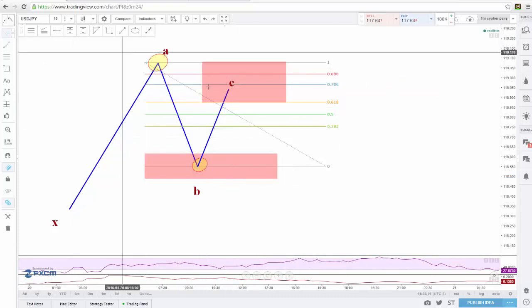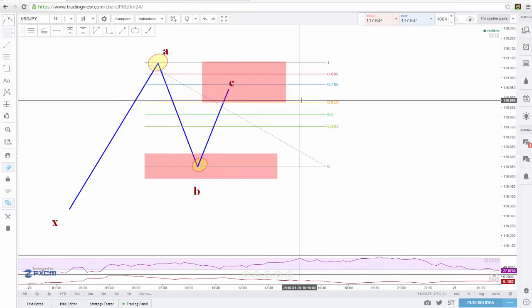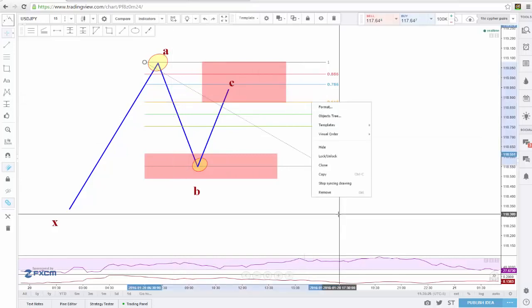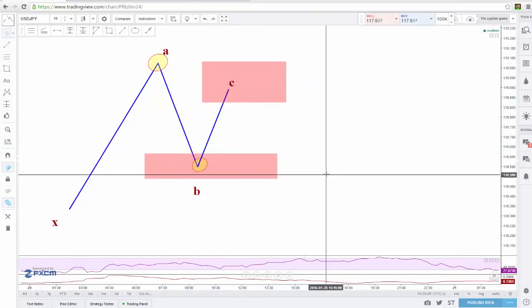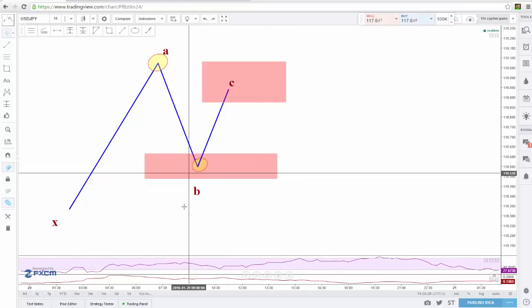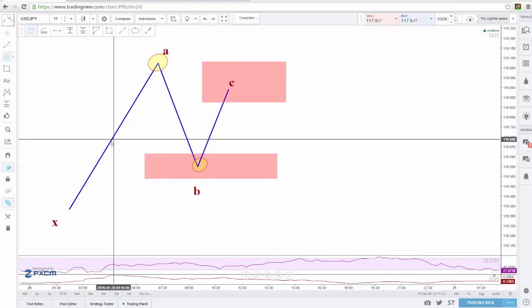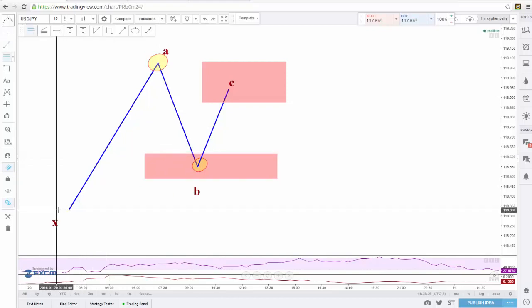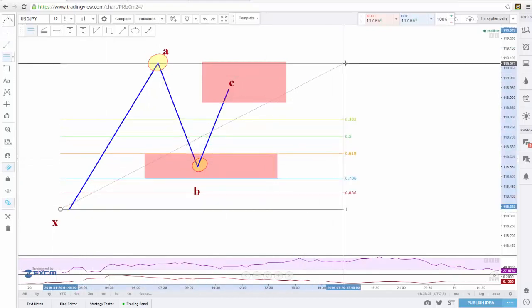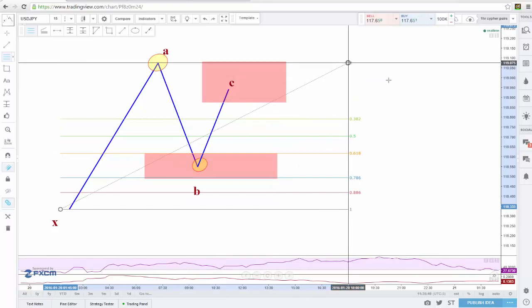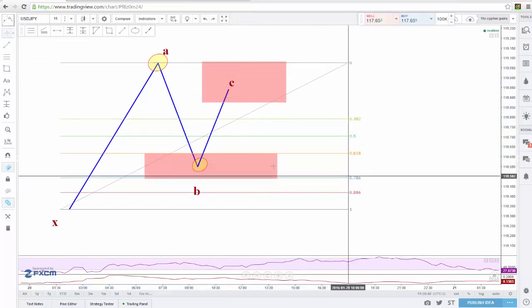And the next thing we look for is D. And there are a few different ways to look for D, but since I'm showing you how I trade the Gartley pattern, I will explain to you the way that I do this. The way I do this is with a Fibonacci retracement from X to A. You look for a 786.